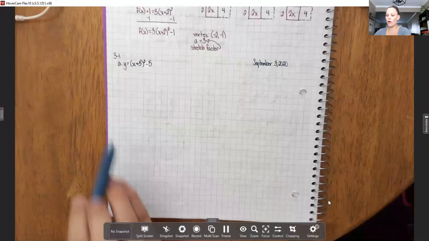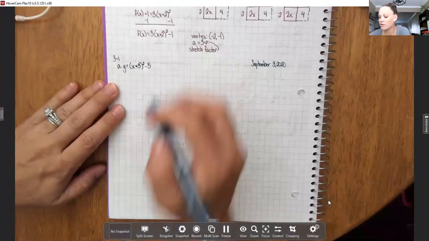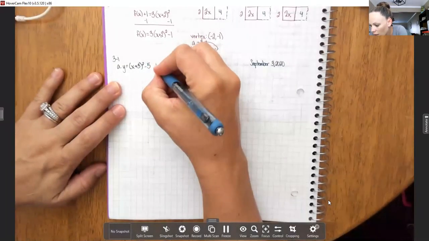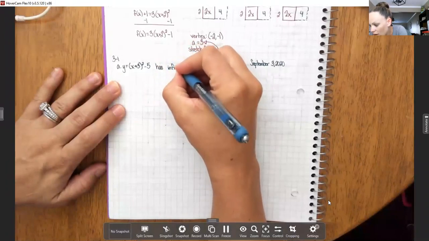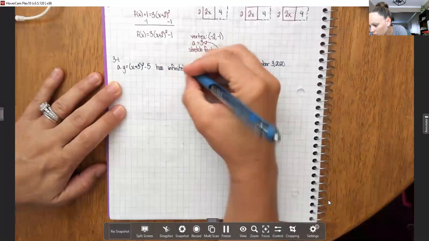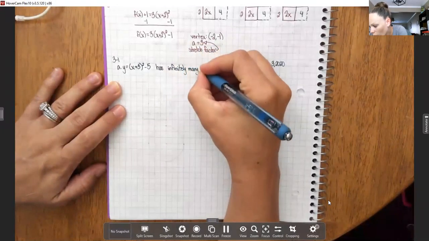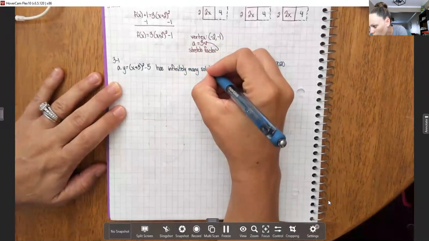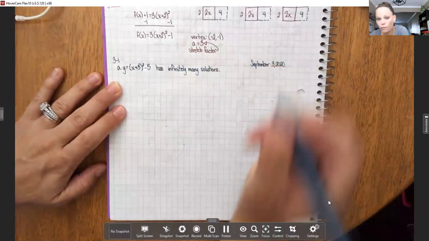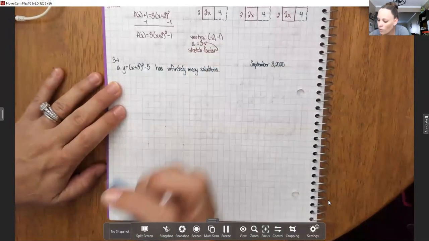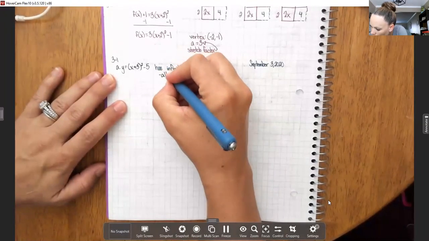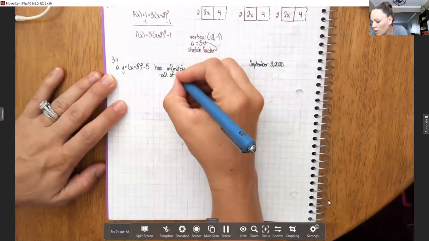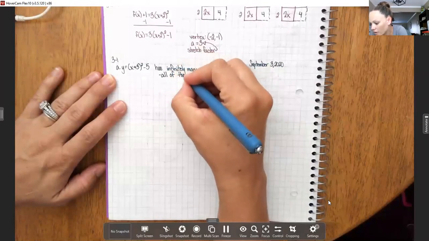So this equation, y equals x plus 3 squared minus 5, has infinitely many solutions. All of the points on the graph are solutions.